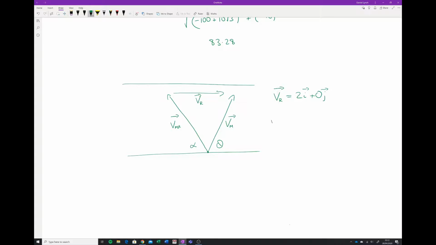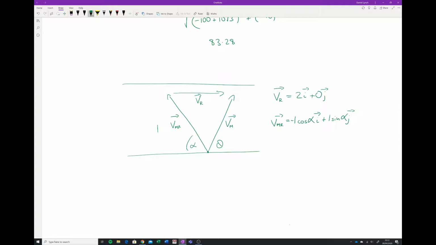Let's see, what is V of M? We know that this thing here is alpha, and we know that the magnitude of it is just 1. So it's going to be 1 cos alpha. Now that's going to the left, isn't it? So it's minus 1 cos alpha i plus 1 sine alpha j.